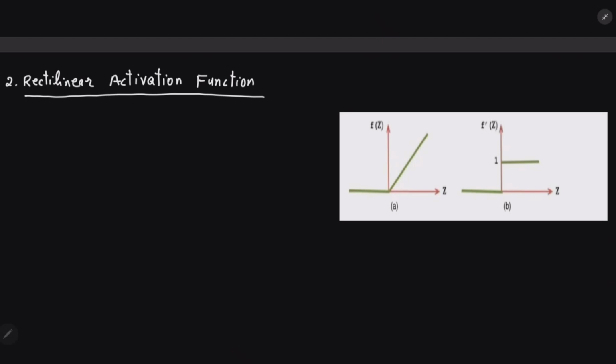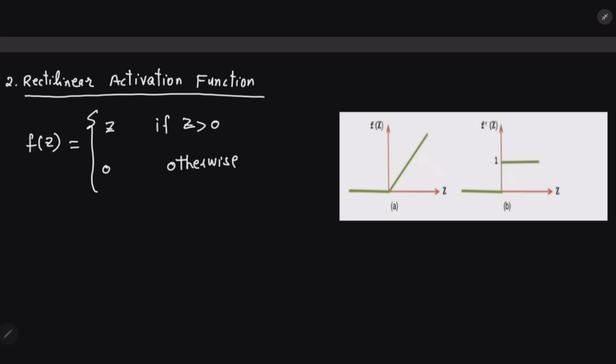The next one is the rectilinear function. The rectilinear function is defined like this: f of z is z if z is greater than 0, and it is 0 otherwise.